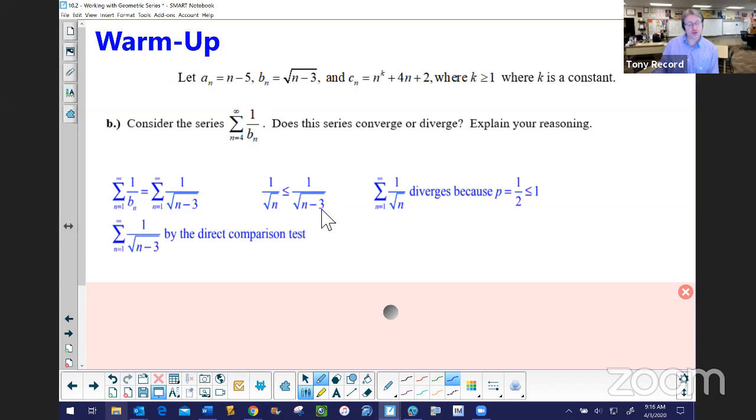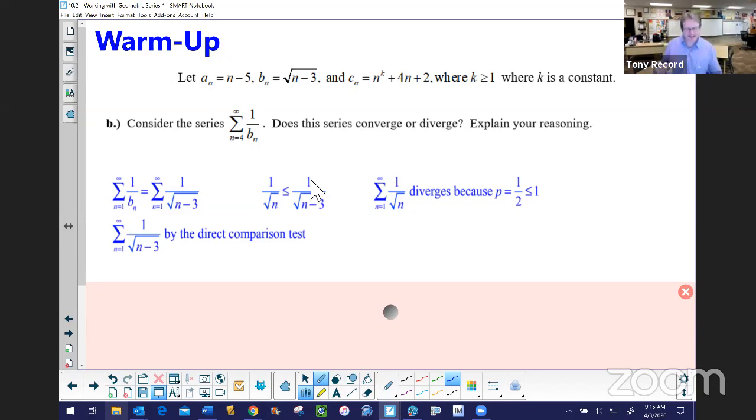Remember, if you have a smaller denominator, in the case of this n minus 3 under the square root, you're going to end up having a larger overall fraction. And because 1 over square root of n lies in that divergent zone, if you remember Brian's graph yesterday, anything that's larger than it is going to also lie in that zone.